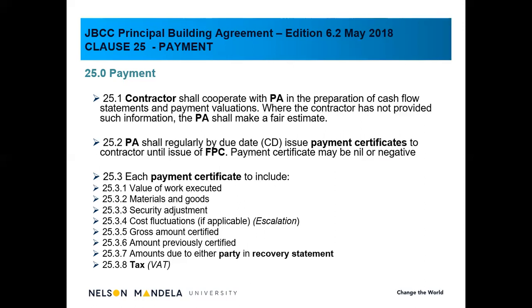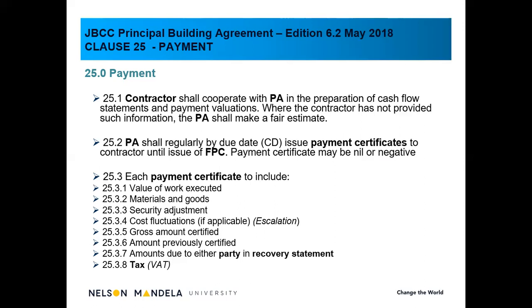In other words, what is the value of work done from handover up to date? And then we'll deduct what we've previously certified. It's always the cumulative total up to date, less what we've certified previously, as clause 25.3.6 states.